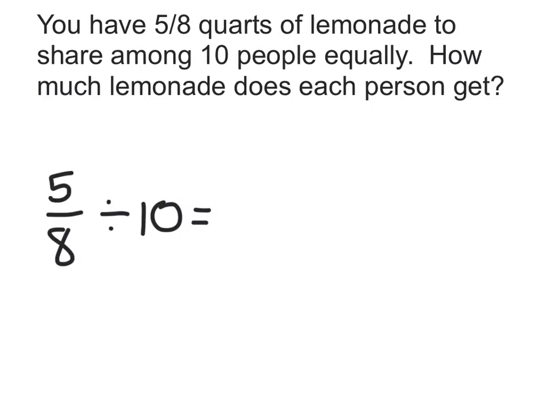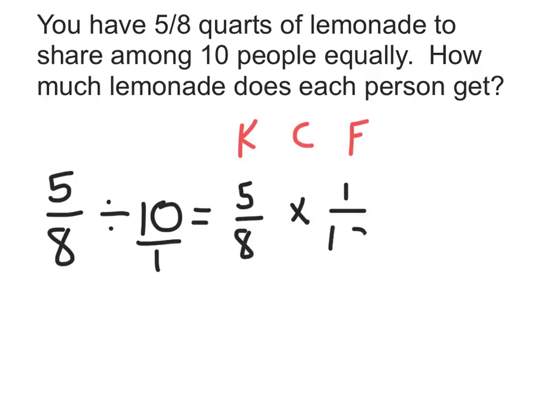Well, remember, we've got to keep, change, flip. So keep the first fraction, change to multiplication. Hey, how do we flip that 10? Well, we think of that as 10 over 1, so that's times 1/10. In this case, what I think I'll do is boom, boom, gone.